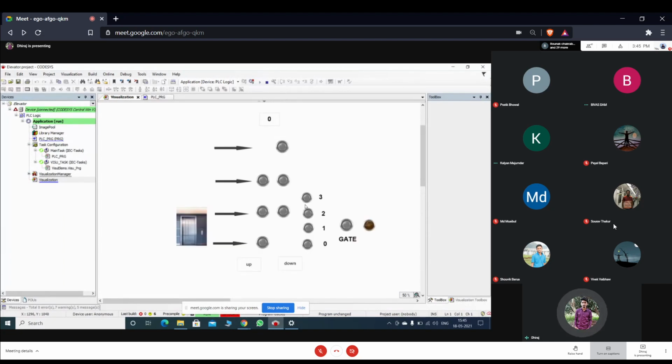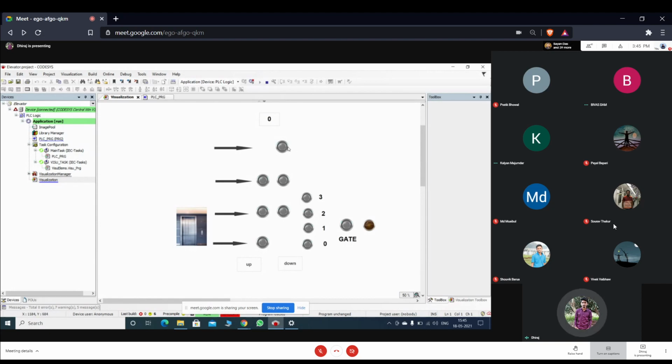So these are the buttons inside the lift, and these are the buttons on the floor. So suppose someone wants to go to the top floor, that is the third floor.